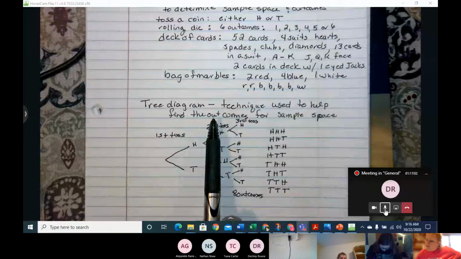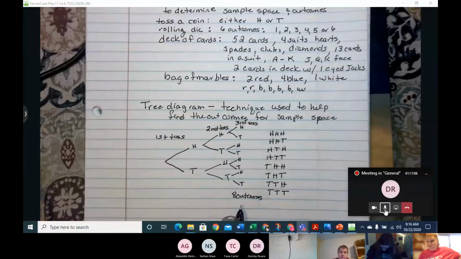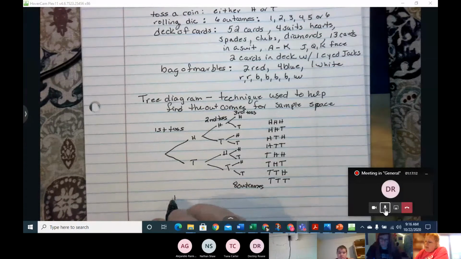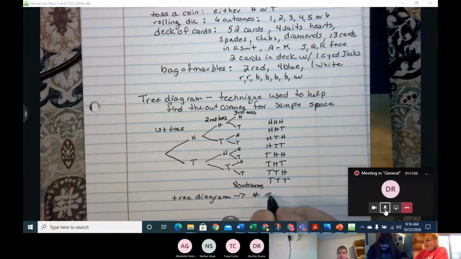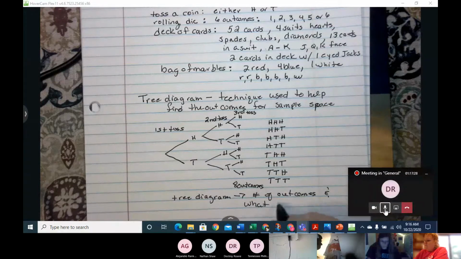So not only did the tree diagram tell us how many outcomes were possible, but it also gave us what the outcomes were. So the tree diagram gives us the number of outcomes and what the outcomes are.